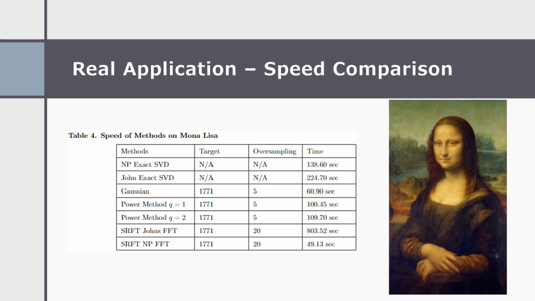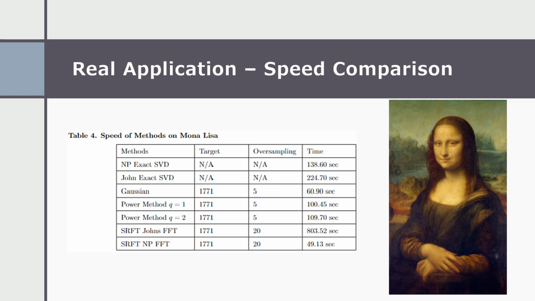I chose 1,771 as a target because I already knew it captured 80% of the sum of singular values, and I assumed my high definition image had a bunch of noise in it. So this also tests the methods on a non-square matrix.